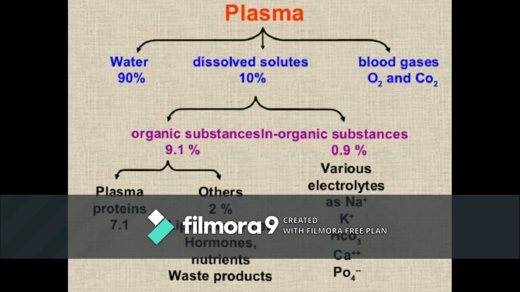Lactic acid is a product of anaerobic respiration. Gases: oxygen's function is for aerobic respiration. Carbon dioxide is a waste product of respiration. Nitrogen is an inert gas. Regulating substances: hormones and enzymes function in regulating body functions.